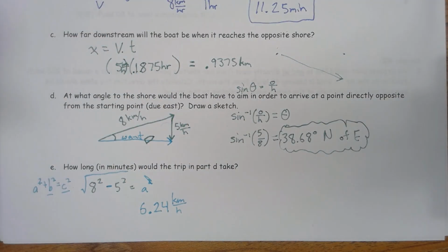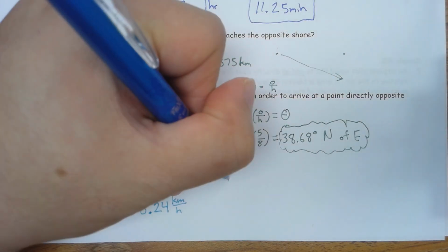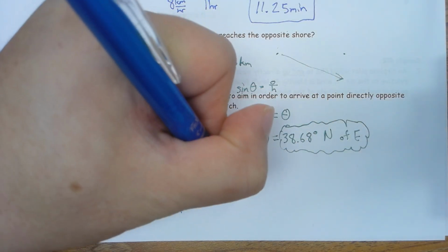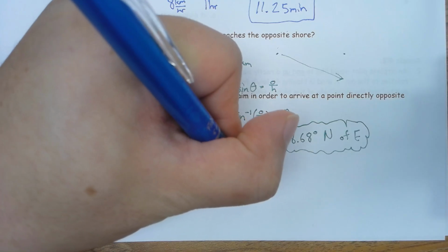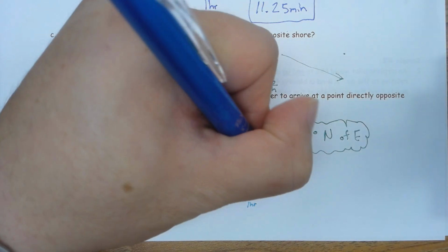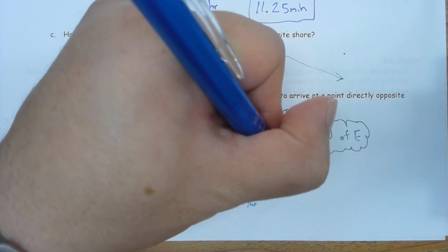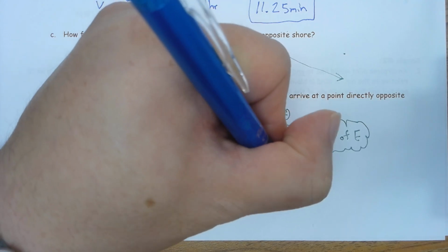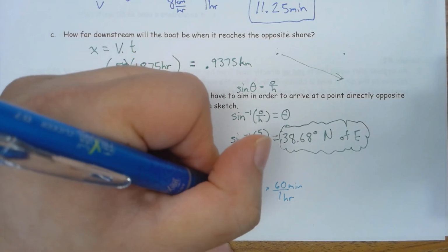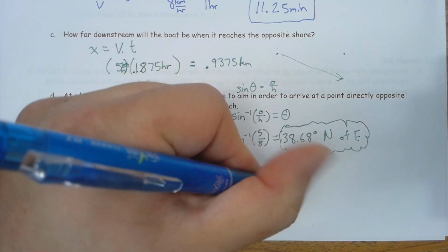That's not our answer. I want to know how long in minutes does it take. How far am I trying to go? 1500 meters. So 1.5 kilometers divided by 6.24 kilometers every 1 hour. And of course I want it in minutes, so multiply by 60 again. My units cancel out. Kilometers top and bottom. This is hours at the top with an hours at the bottom.